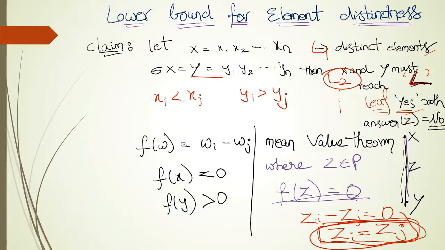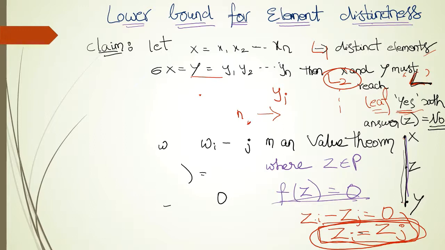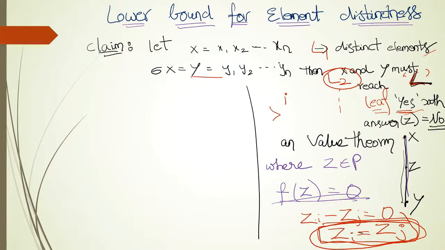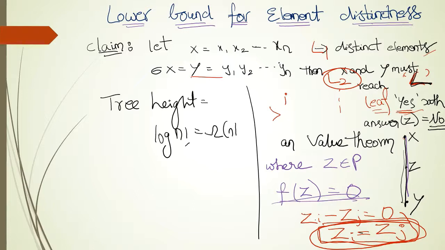There will be n factorial permutations for x, and similarly we can say that the tree height is the log of n factorial, which is omega of n log n. Thank you.